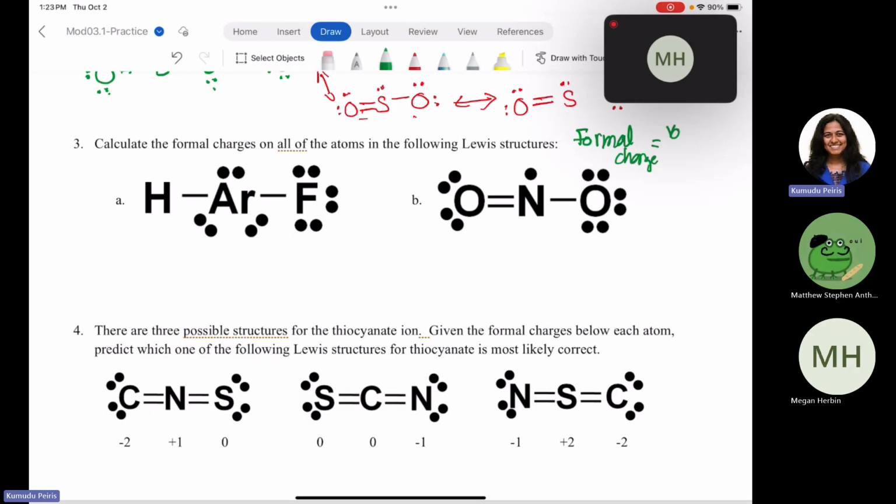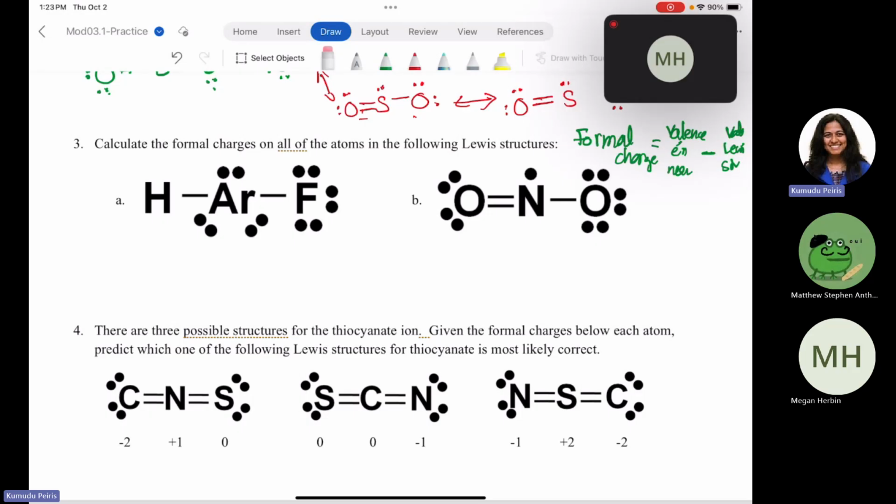You get the valence electrons in a neutral atom minus the valence electrons in its Lewis structure, right? So calculate the formal charges on all the atoms in the following Lewis structures, right?